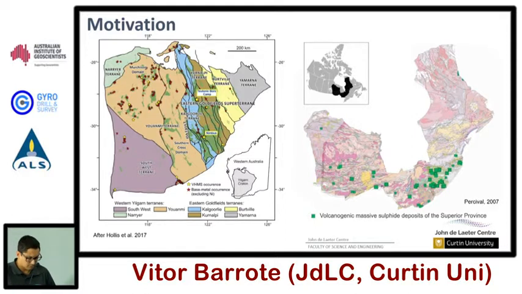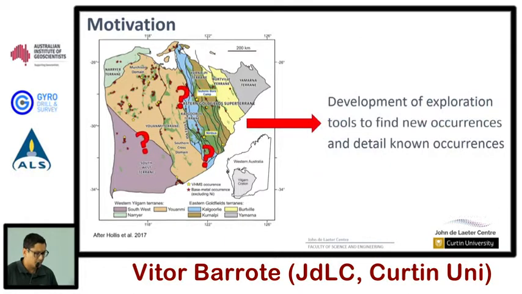So our main motivation is, can we come up with ways to develop exploration tools which are better equipped to finding these deposits, and are we able to detail better known occurrences?